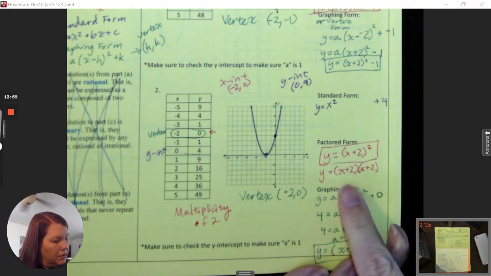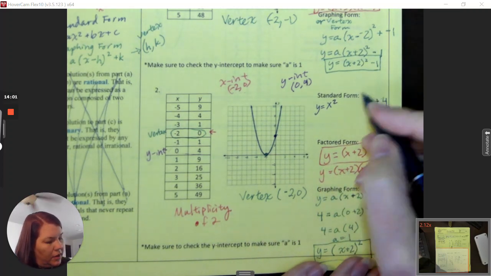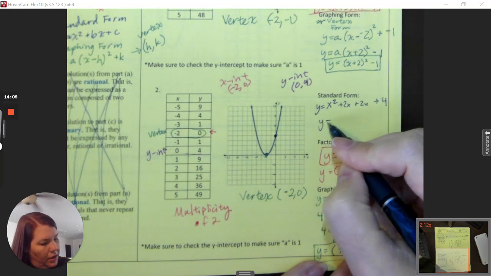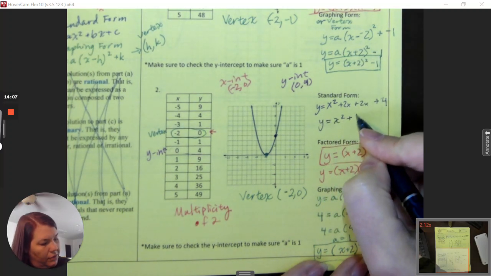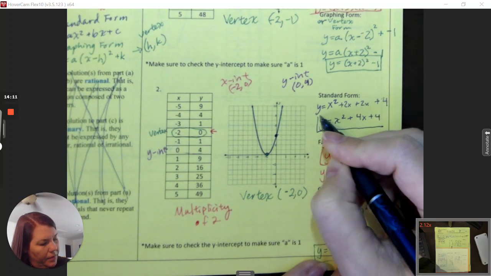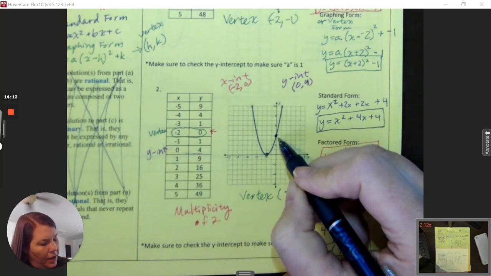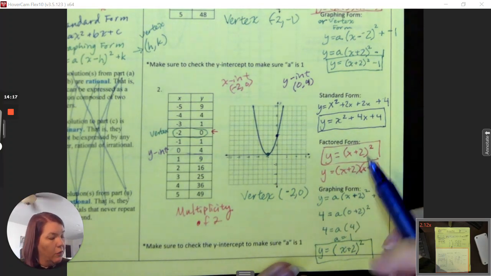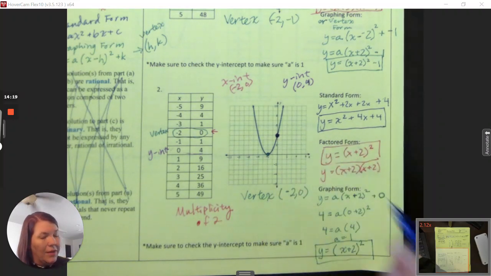And 2x and 2x, which is y equals x squared plus 4x plus 4. And I check my y-intercept is 4, like it's supposed to be, because c is 4, yay. And so that's the idea.